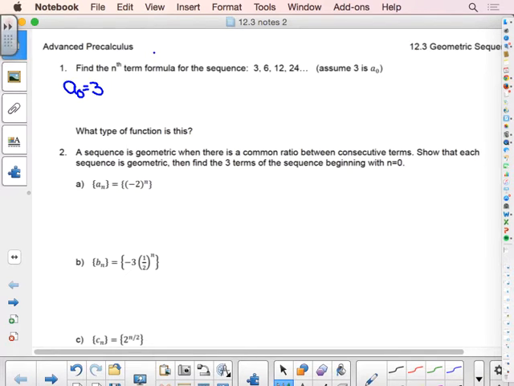So that formula may look like a sub n is equal to 3 times the multiplier for each of these, which is 2, so times 2 raised to the n. And this looks very much like an exponential model.